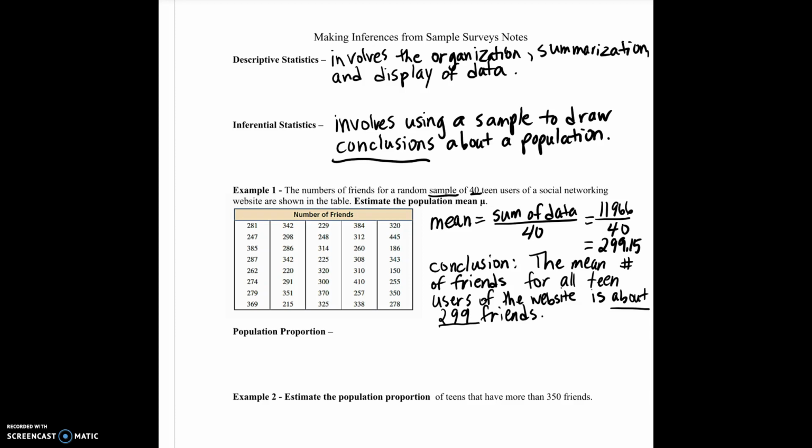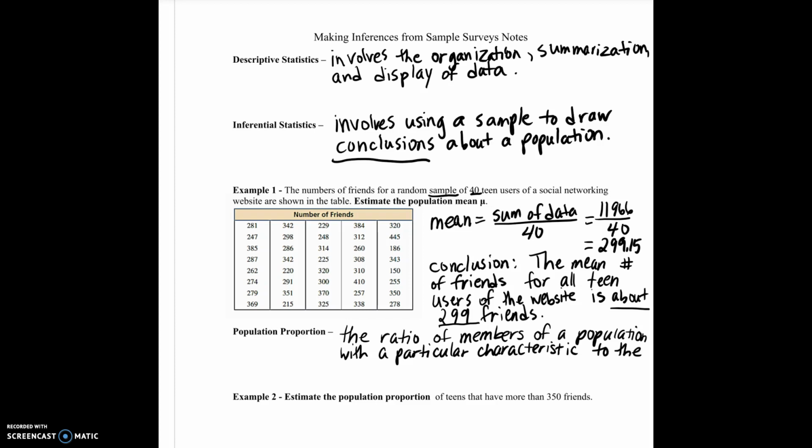And then beyond that, other ways we can make conclusions or infer things, we can look at population and sample proportion. So population proportion is the ratio of members of a population with a particular characteristic to the total members of the population.